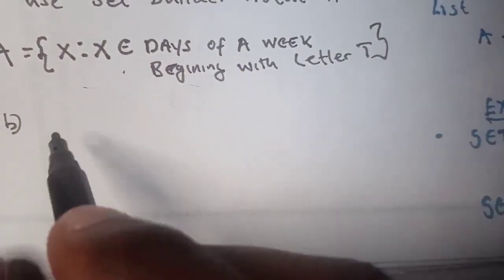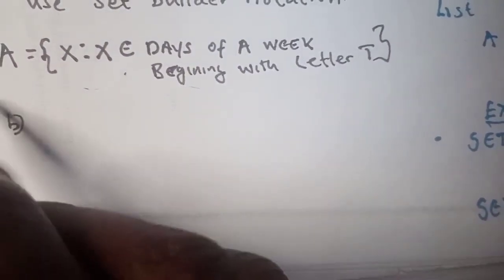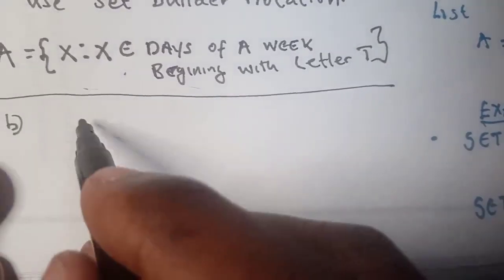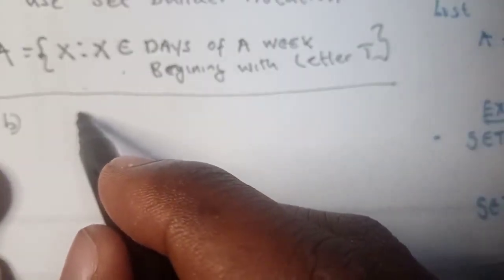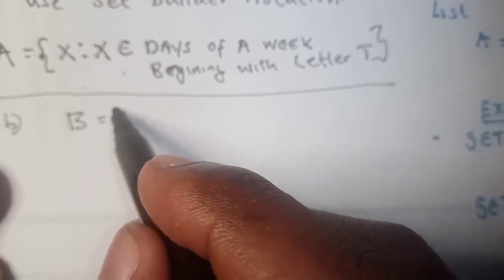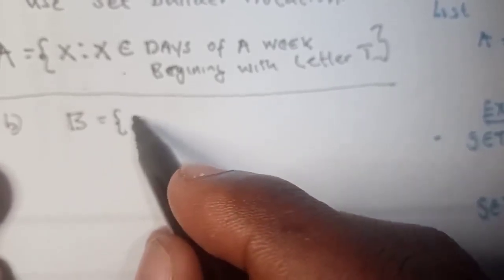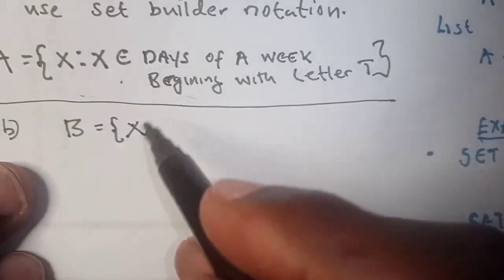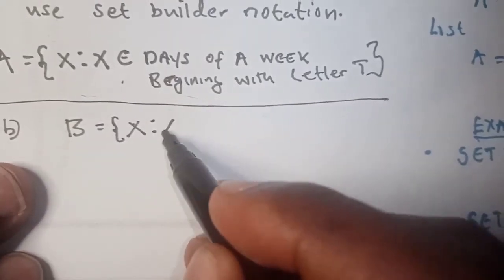Exercise B. Here you have B is equal to, and this is in set builder notation.